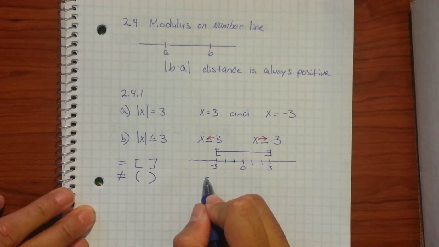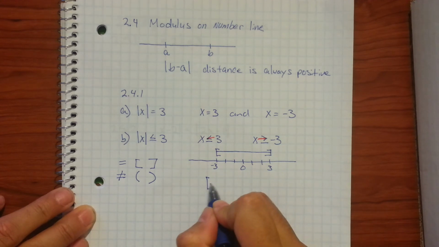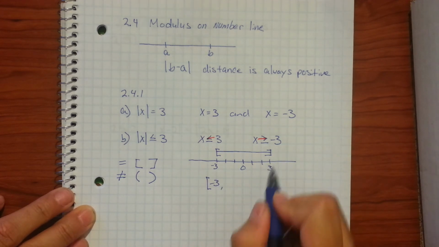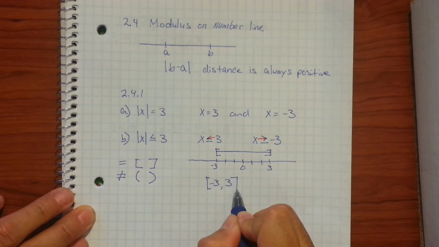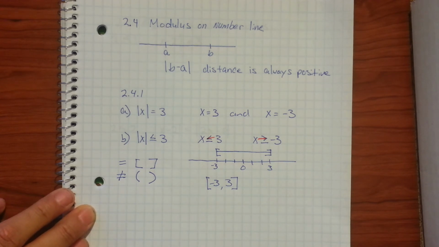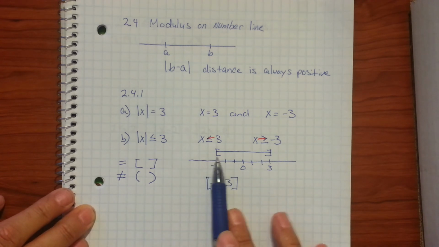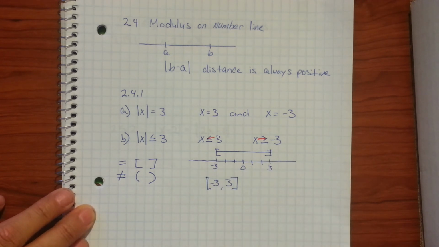I know it's going to be from bracket, negative 3, and it's going to positive 3, bracket. So my answer is going to be between those two numbers. If it was not equal to, I would have parentheses around the same thing. So this is the interval notation, and here is my line graph for this.